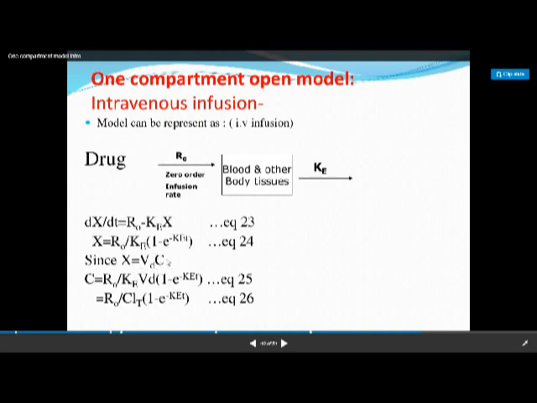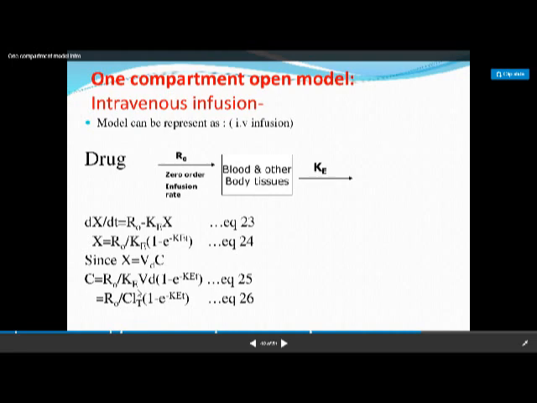So in terms of the concentration C, C is equal to R0 upon Ke, and this Vd goes into the denominator, so R0 upon Ke Vd multiplied by 1 minus e raised to minus Ke t. But Ke Vd is nothing but the total clearance, since the elimination rate constant times the apparent volume of distribution equals total clearance.